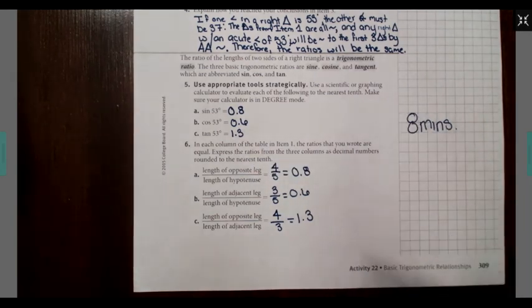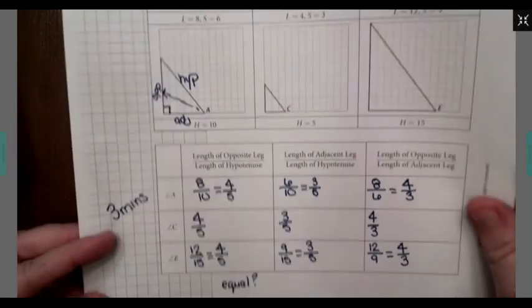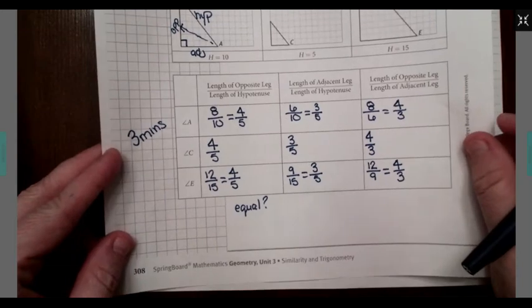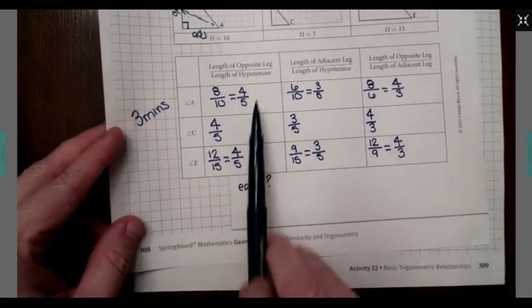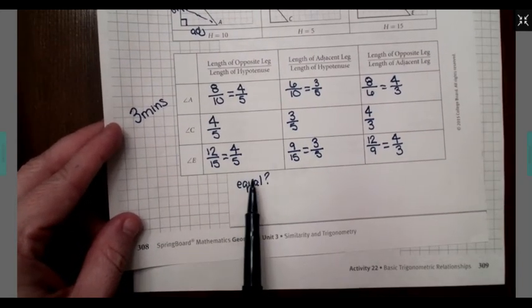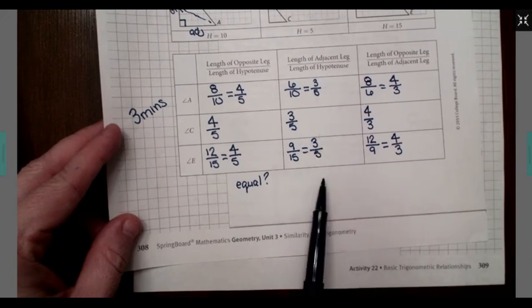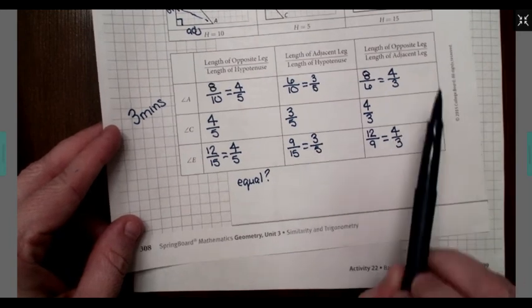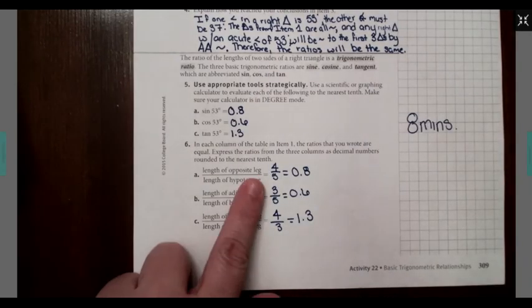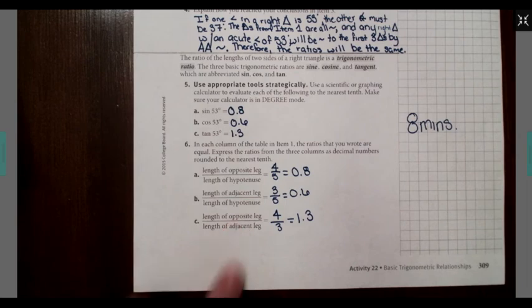When I went back to the previous page and we created those ratios, they were 4/5 for opposite over hypotenuse, 3/5 for adjacent over hypotenuse, and 4/3 for opposite over adjacent. When I write those as decimals, that's 0.8, 0.6, 1.3.